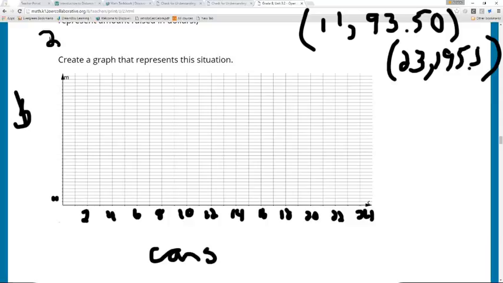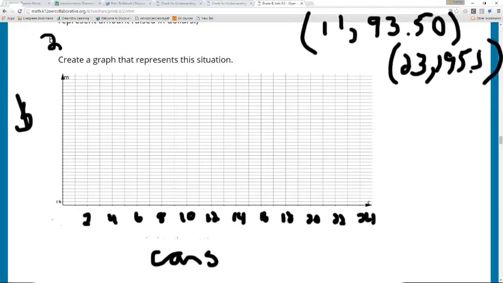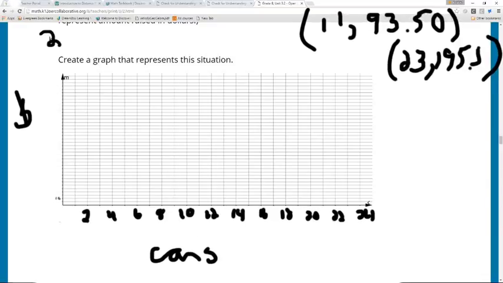Okay, and I'm going to erase that. So this is 5, this is 10, this is 15.